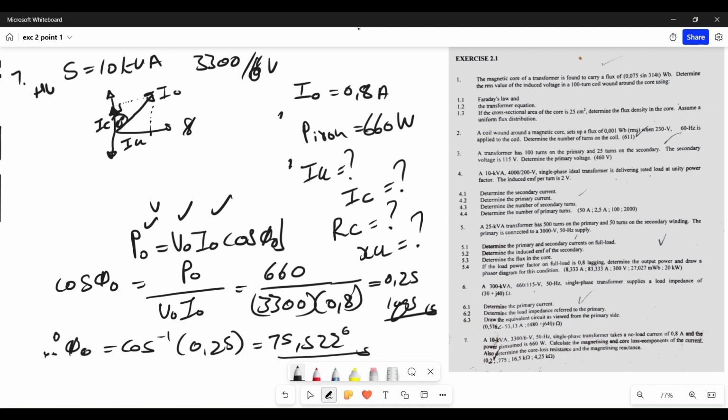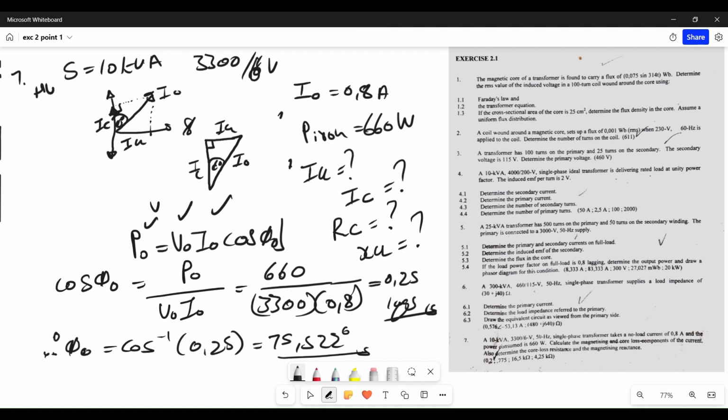So if we take out that triangle, it's going to look like this. So this is IO, this is IU, this is phi O, and then this is IC.